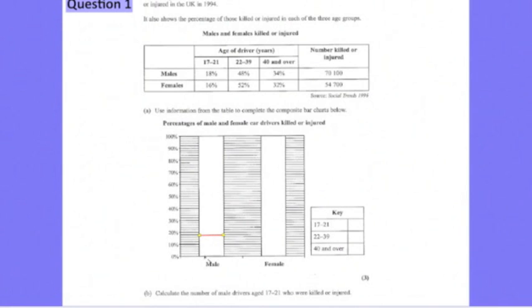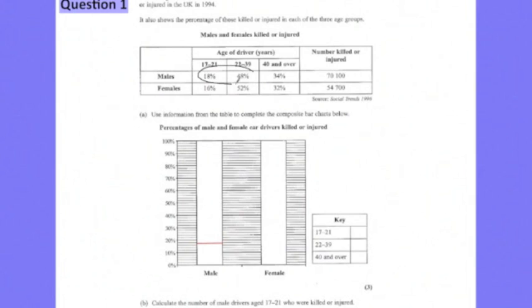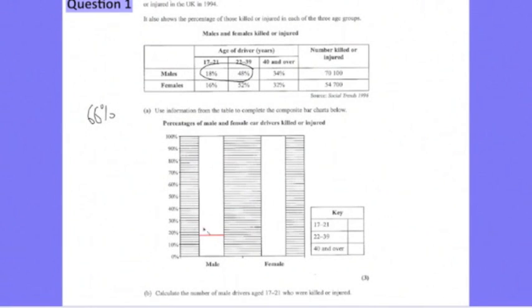Now this is a composite bar chart, so we now need to add our next percentage. 18 plus 48 is 66%. So this time we're not going up to 48, but we're going up to 66. Across here, so that this section is 48%. And here we will have our leftover section, which will be 34.